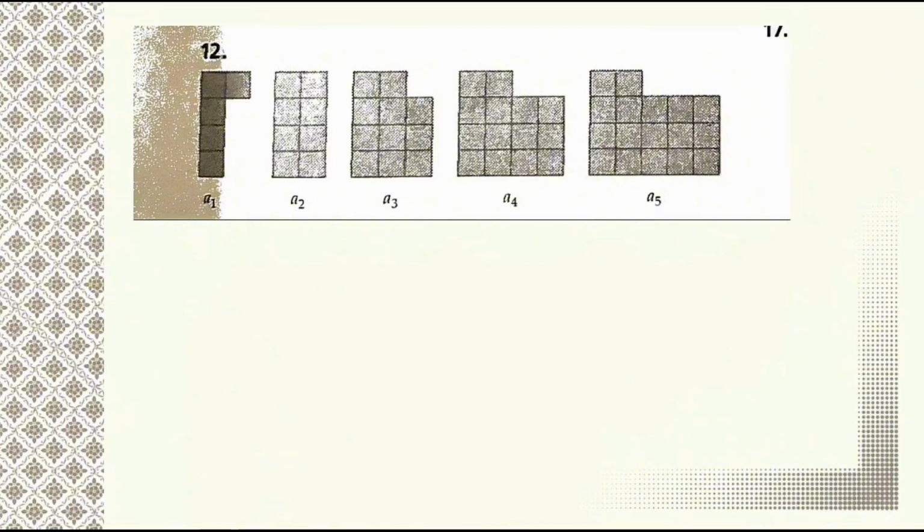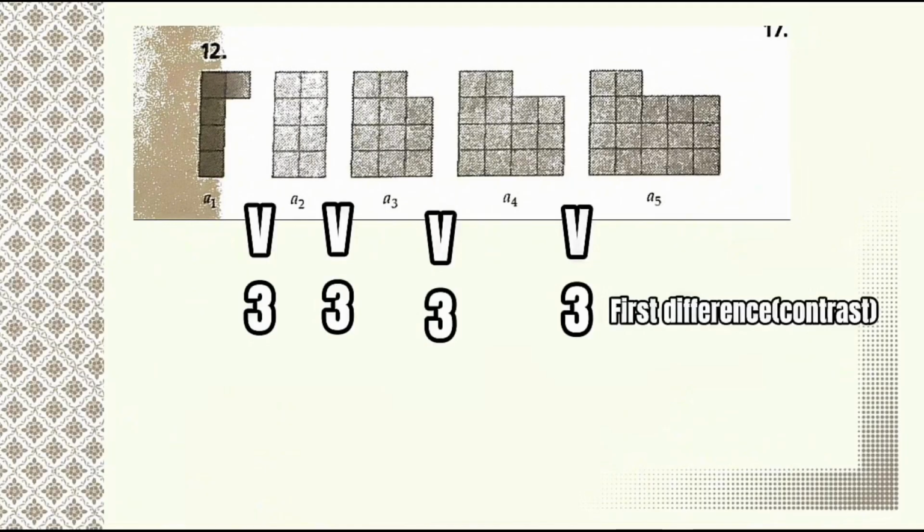Then we have to find what is the common difference of each term. So 6 minus 3 is equal to 3. Then 9 minus 6 is also equal to 3. Then 12 minus 9 is equal to 3. Then 15 minus 12 is equal to 3.